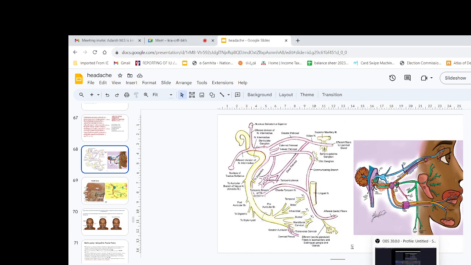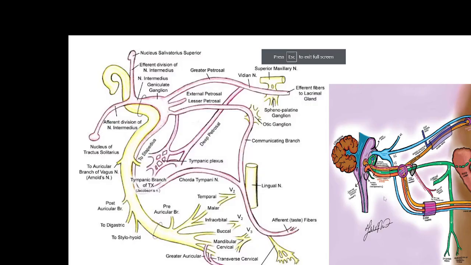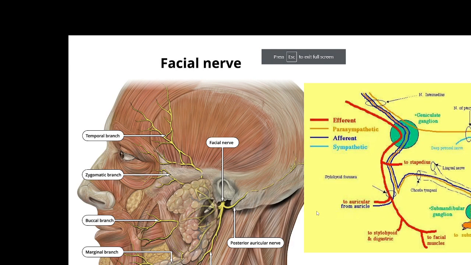Is the screen visible now? Yes, sir. Okay, now is it visible?